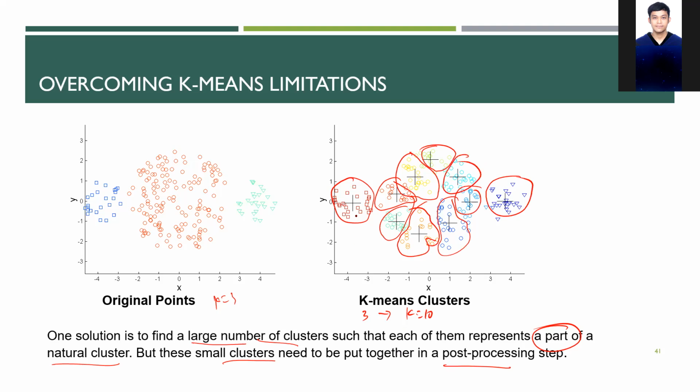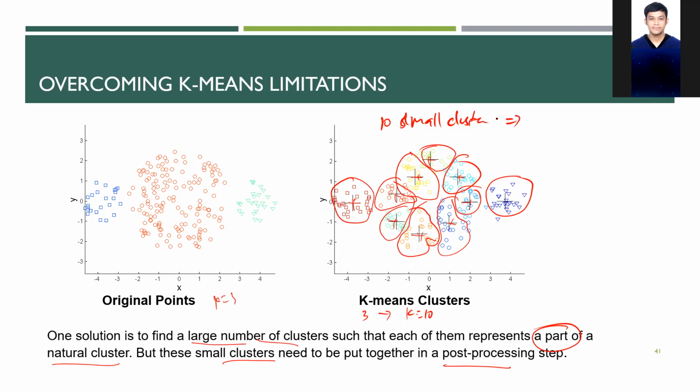And of course, each cluster is represented by its centroid. Okay, now after we have 10 small clusters, we can imagine that now we have 10 data points.